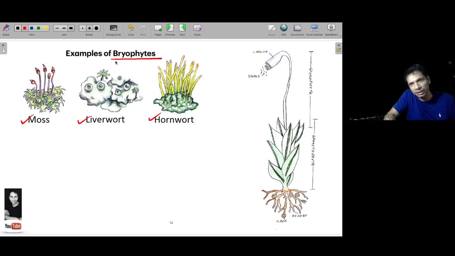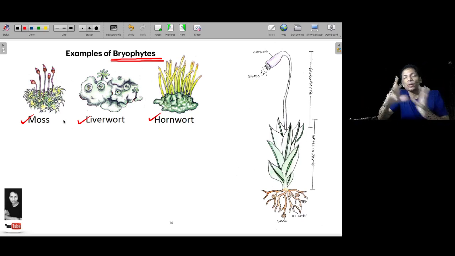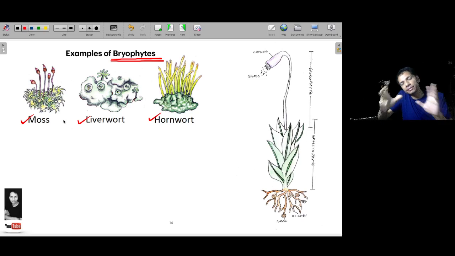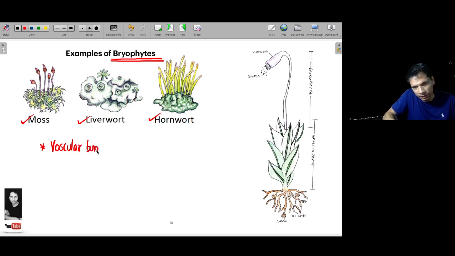So bryophytes are also called the amphibians of the plant kingdom because they stay both in the aquatic and also the terrestrial, right? And they don't have properly, so they have some kind of differentiation of root, stem, and leaves. And the bryophytes lack any kind of vascular bundle. So vascular bundle is absent.